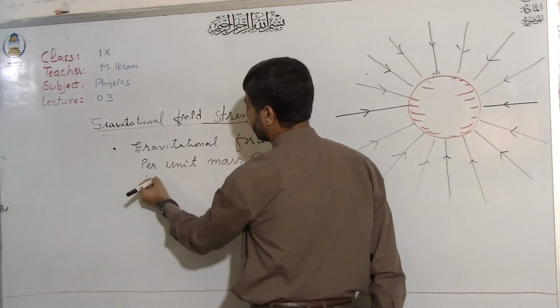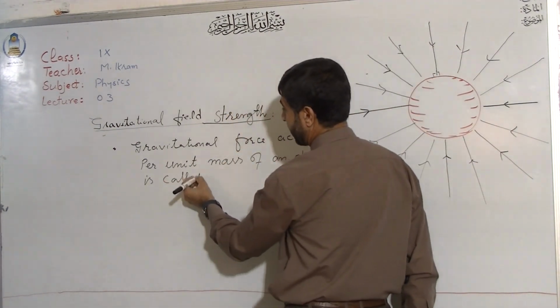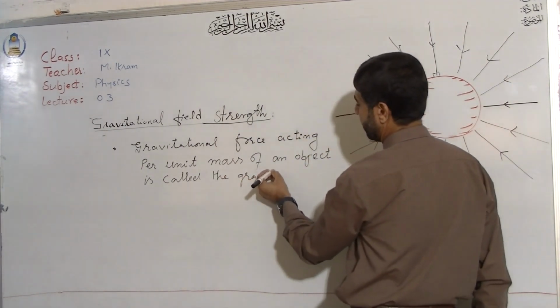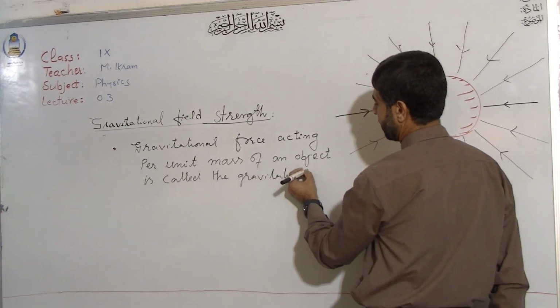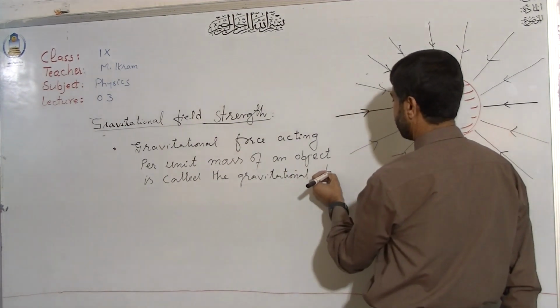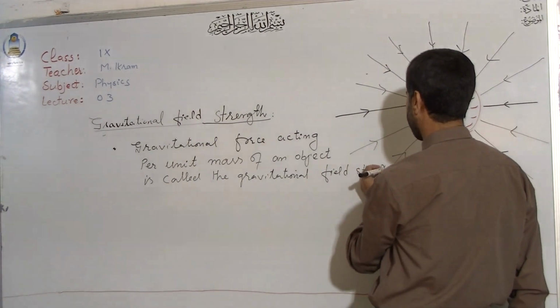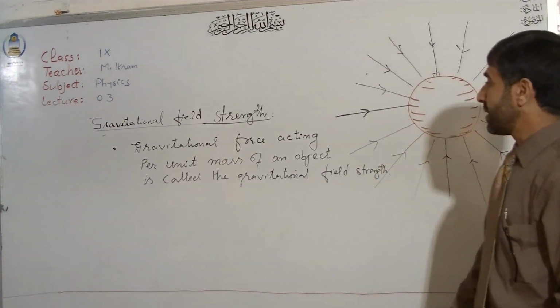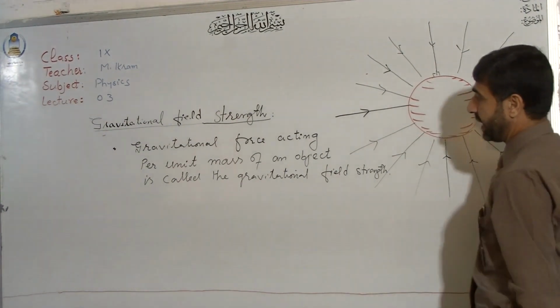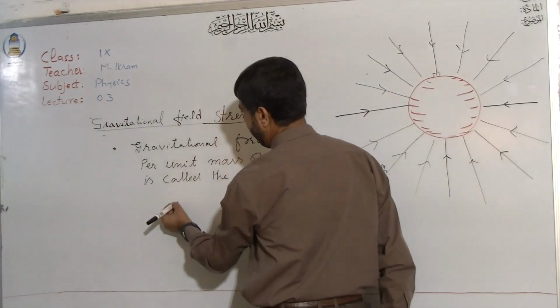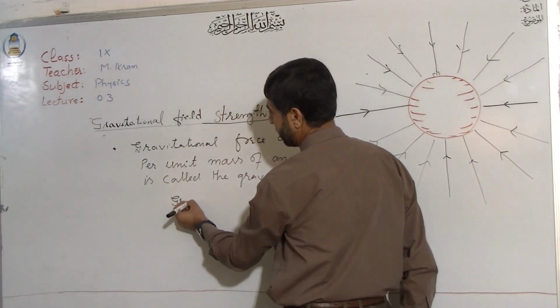That is called the gravitational field strength. Mathematically, we can write this as follows.